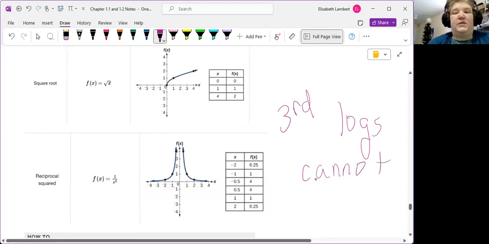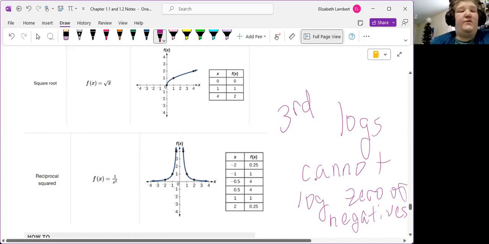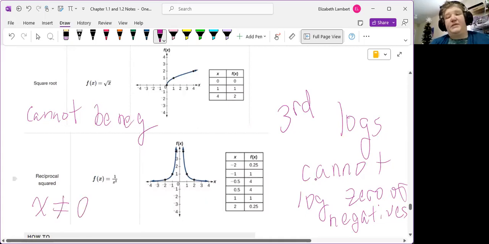We cannot log 0 or negatives. Square root just can't be negative. And then dividing by something, the something we're dividing by cannot be 0.